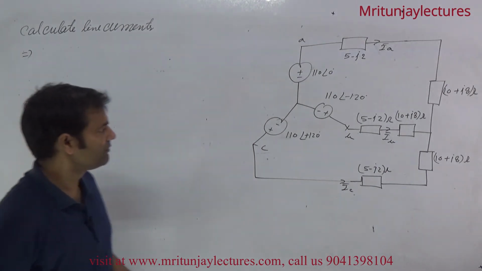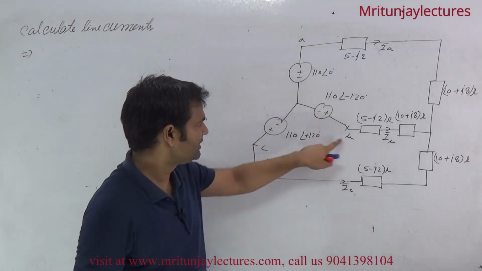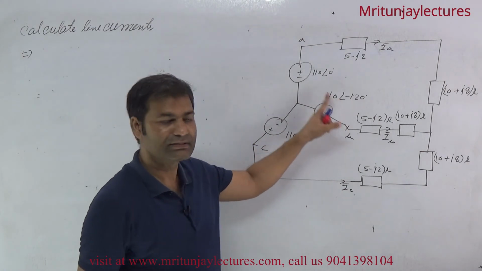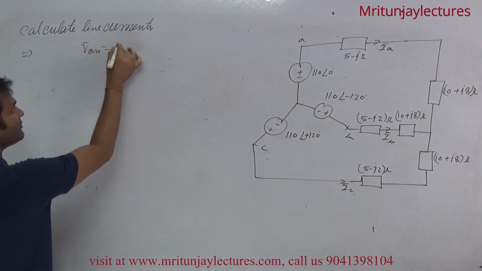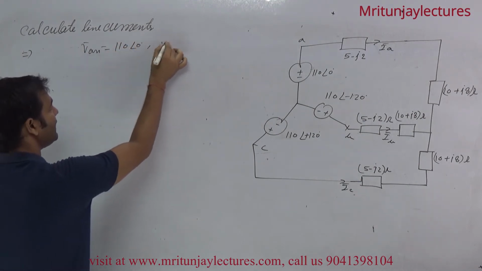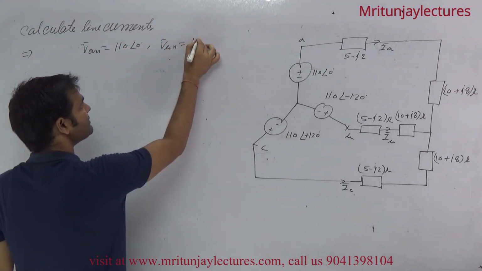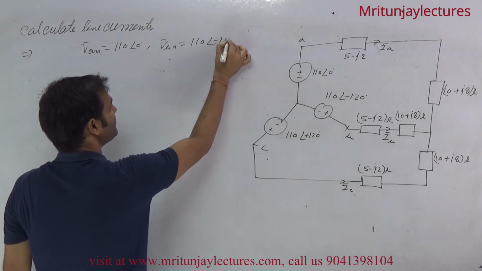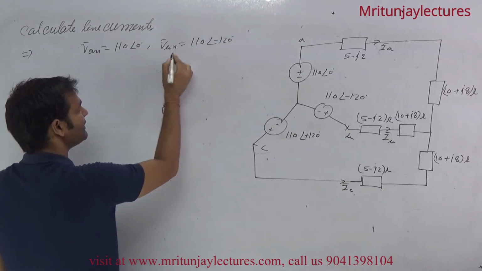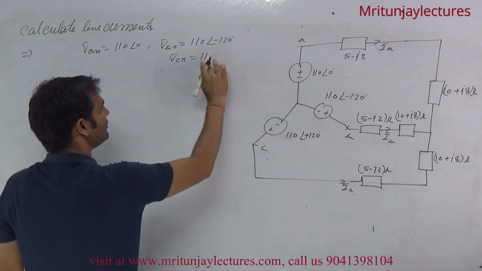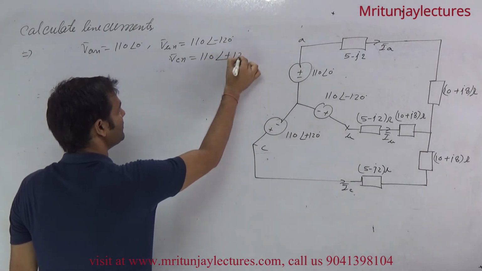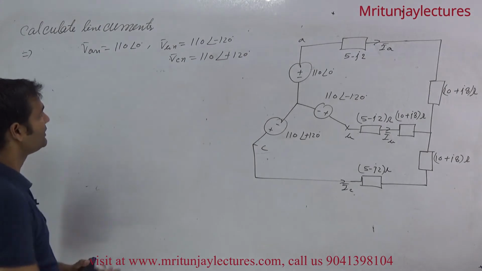First of all, what about the phase sequence? A, B, C. It means VAN is written as 120 at the angle 0, VBN is written as 120 at the angle minus 120, and VCN is written as 120 at the angle plus 120. Clear? That's the phase voltage.